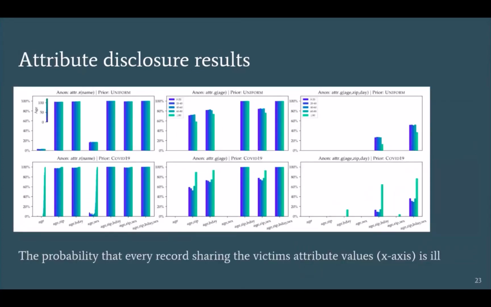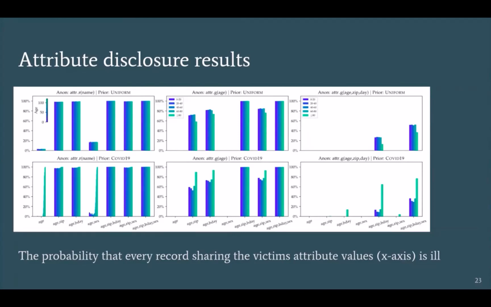And this is the result for the attribute disclosure risk. Here we observe the same effect of distinctness as in the identity disclosure analysis. When we compare the plot in the top, which is the uniform prior, with the plot in the bottom, which is the COVID-19 prior, we see that the values for the probability of learning the diagnosis are lower in the COVID plot.